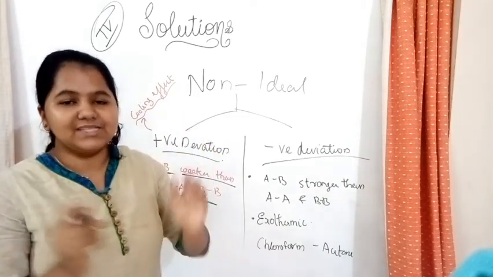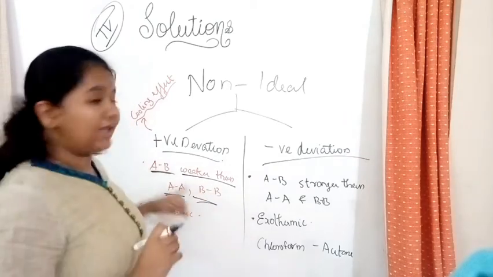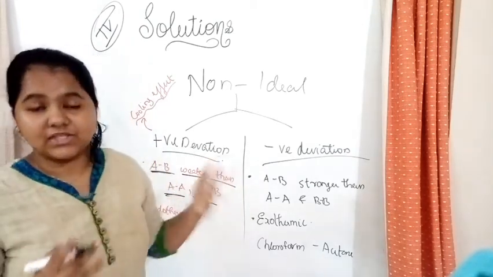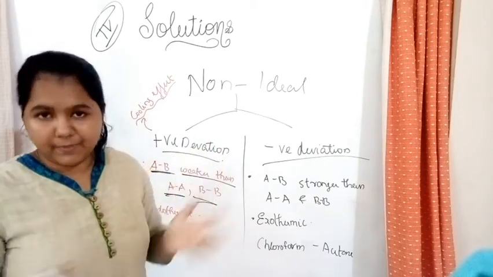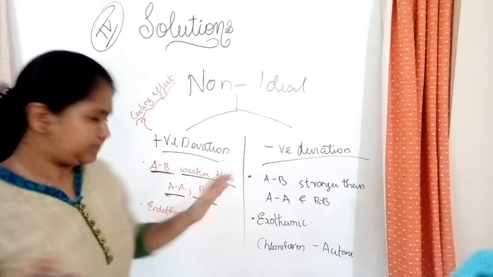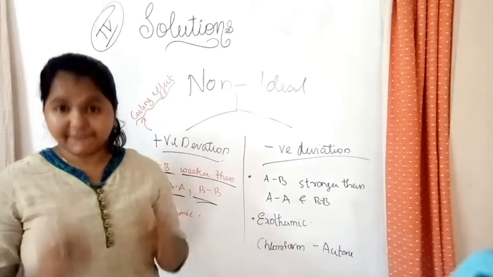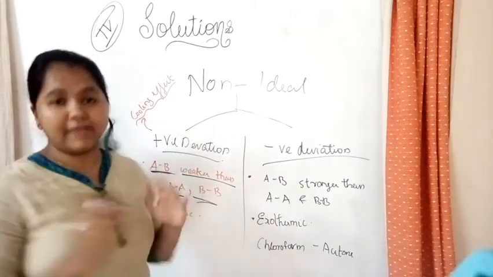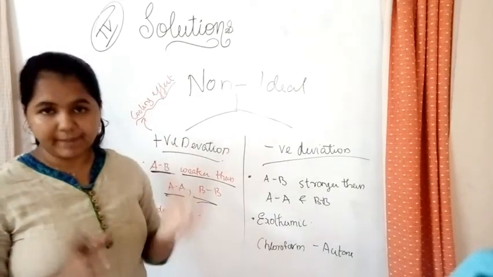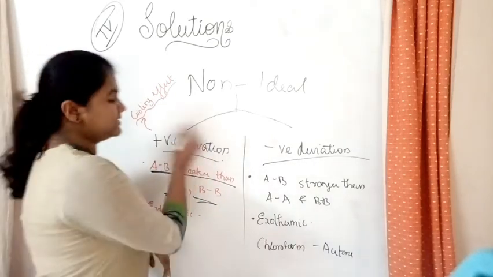The solution has a weaker bond than that of AA and BB. So what would happen? That would increase the rate of evaporation or vaporization, so there would be a high number of molecules in the vapor state. If there are more particles in the vapor state, there is an increase in the vapor pressure. That is why it's a positive deviation.